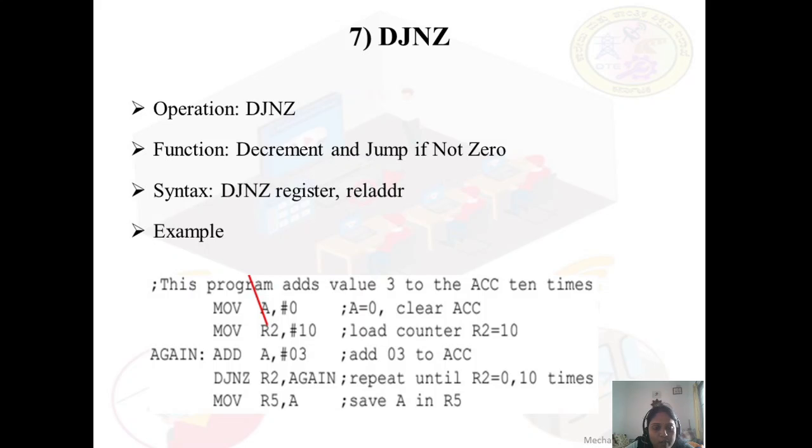So this will repeat 10 times until R2 becomes 0. Once R2 is 0, then it will continue with move R5, A. DJNZ means decrement and jump. First you have to decrement, then check whether it is equal to 0 or not.